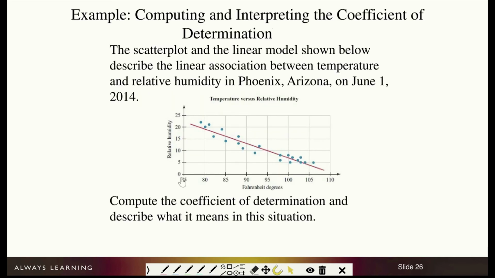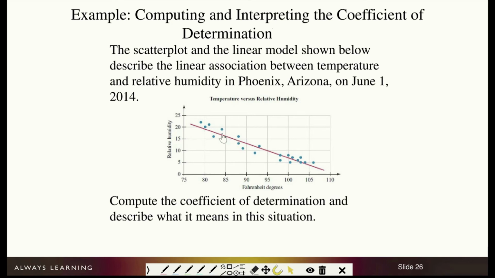So in this next example, we're looking at a correlation between the temperature and relative humidity in Phoenix, Arizona on June 1st, 2014. Notice how there definitely seems to be a linear correlation here. This is just a regular scatter plot. It's not a residual plot.